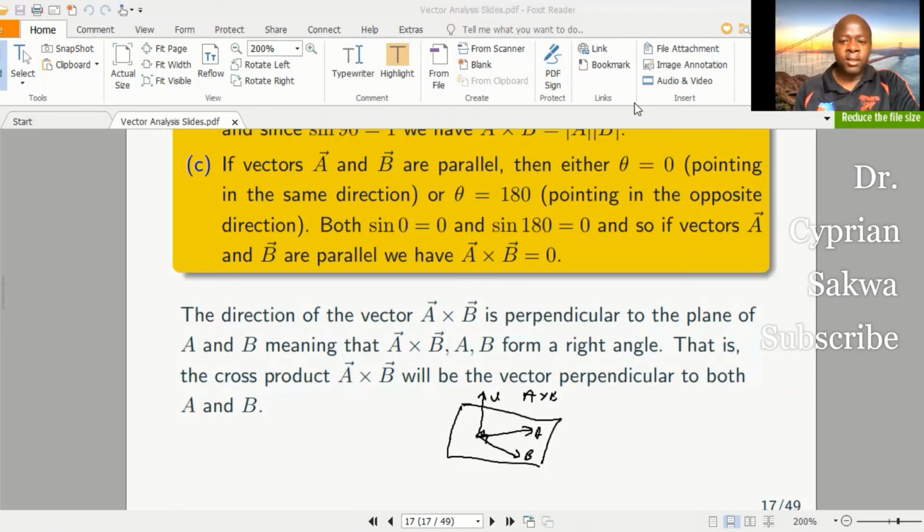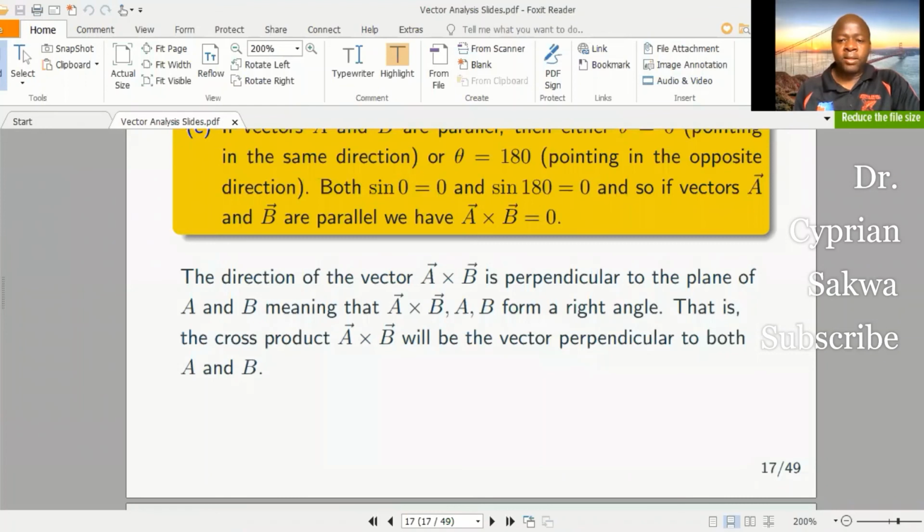For instance, if you are asked to find a vector that is perpendicular to both vector A and vector B, then you just need to get the cross product of A and B. And you can be asked to find a unit vector which is perpendicular to A and B. A unit vector, and we'll be looking at such examples.